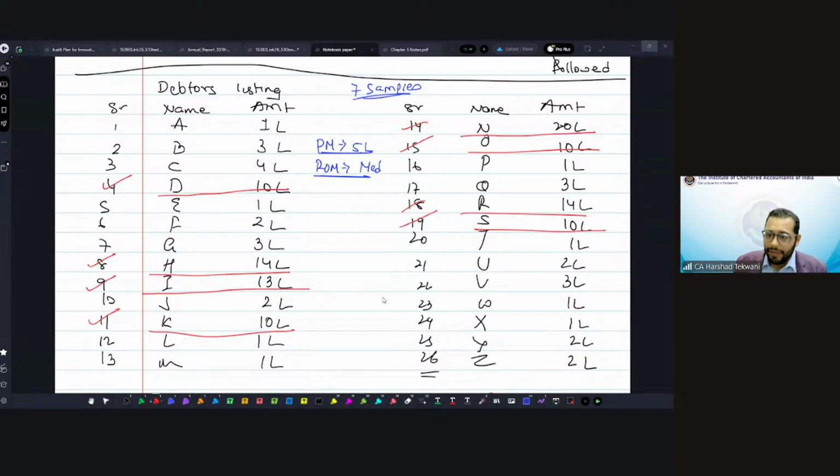Later on, we identified that R, which is having 14 lakhs over here, we cannot send confirmation, not possible because of litigation.